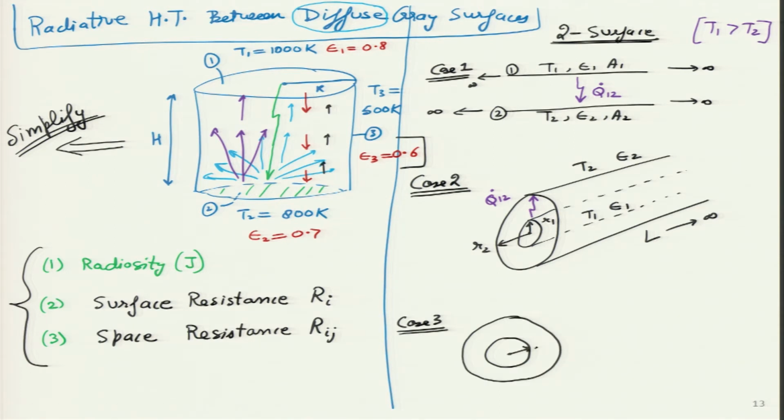The smaller sphere is of radius R1, the larger sphere is of radius R2, and similarly I know the temperature T2, emissivity 2 and temperature T1 and emissivity 1. And here also I am going to figure out the value of the net rate of heat transfer between these two surfaces.